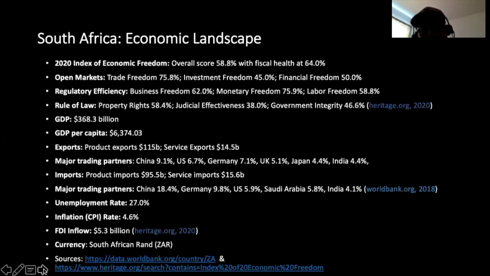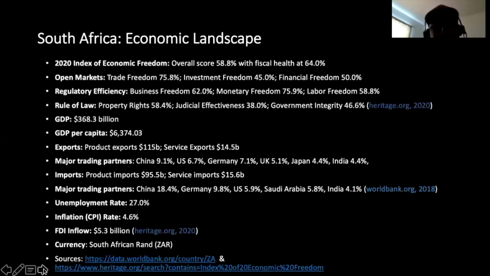So the GDP for South Africa is about 368.3 billion, and the GDP per capita is about 6,374.03. As compared to India, which is about 2,000, you can see that the GDP per capita for South Africa is significantly higher. Now, what does it mean?